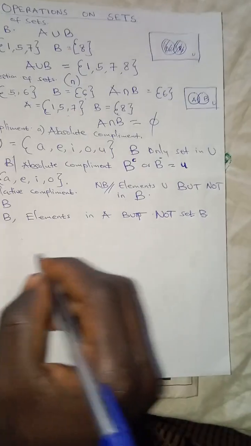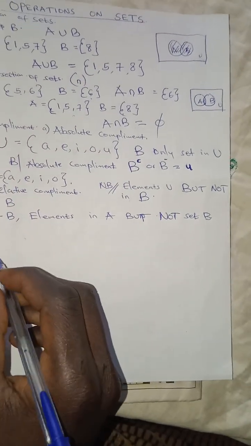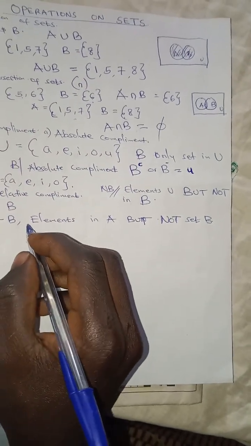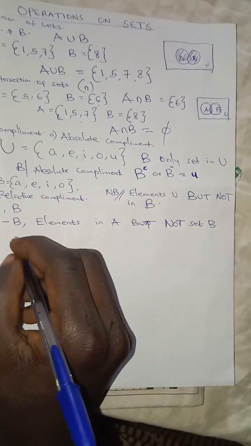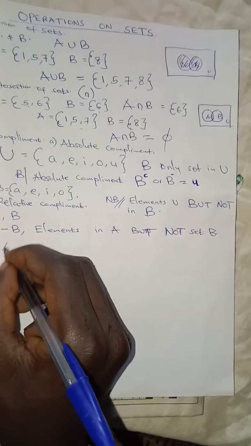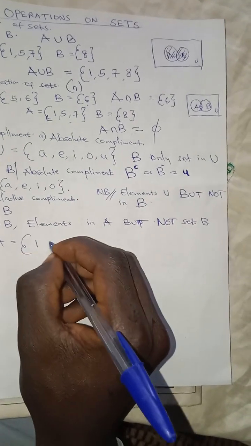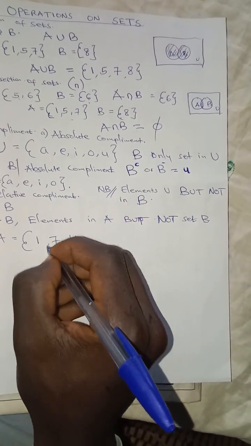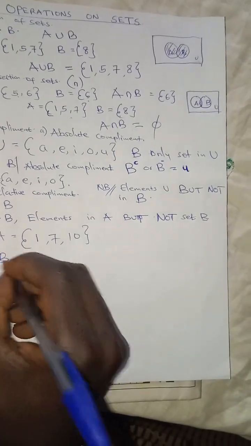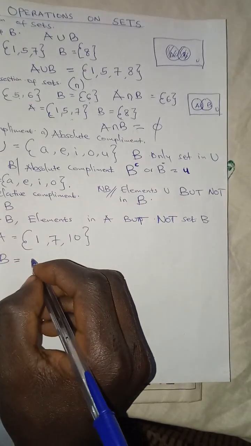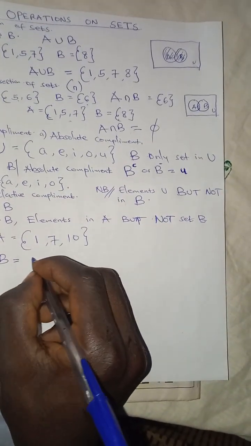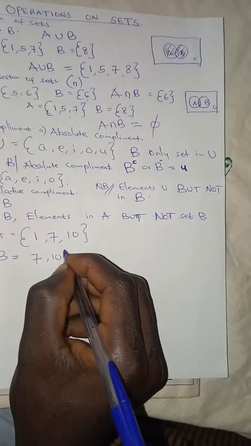For example, we can have set A to be 1, 7, and 10, and set B to be 7 and 10.